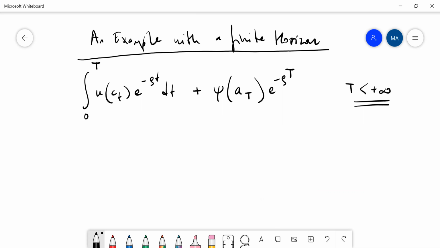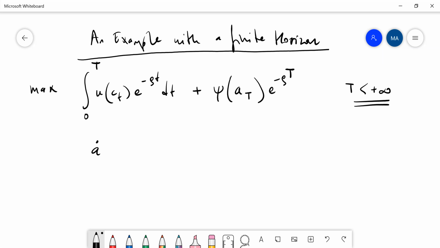Now let me again specify what we have here. So we have the consumption of the person himself or herself. So this is typical. The only difference is that T is now a fixed number. Okay, so there's a certain end point of life. Then A here is the asset stock.